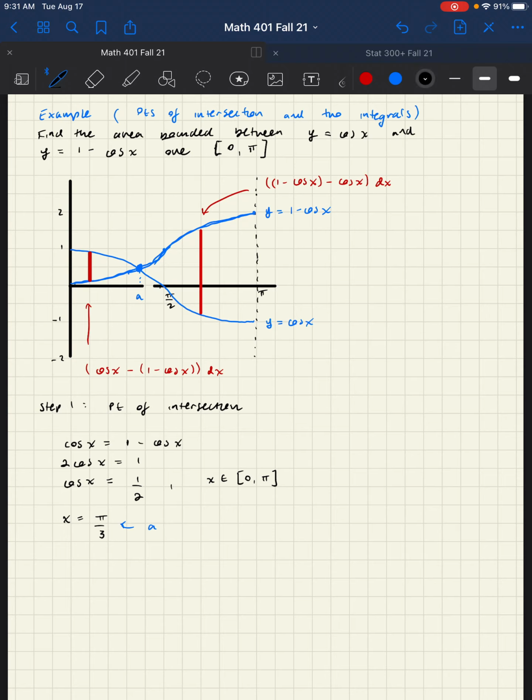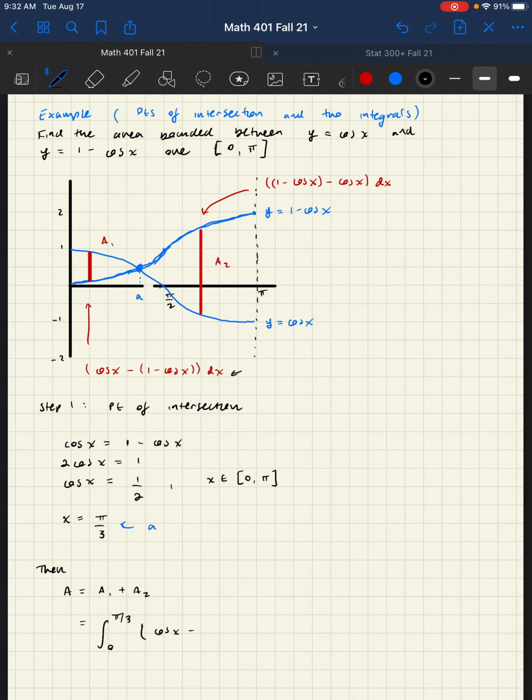So that means our full area, so if I'm going to call this area 1, area 2, the area then is area 1 plus area 2, and I have two different integrals for those. So I have the integral from 0 to pi over 3 of, now remember that infinitesimal slice, that's this one right here.